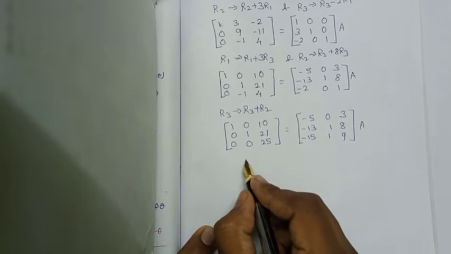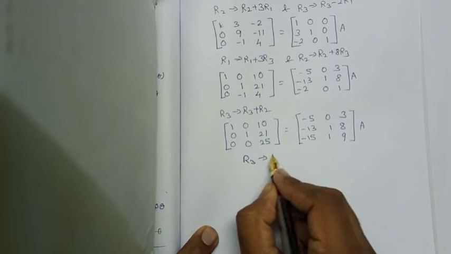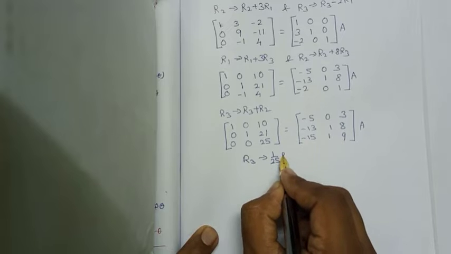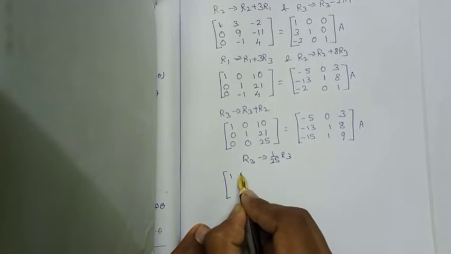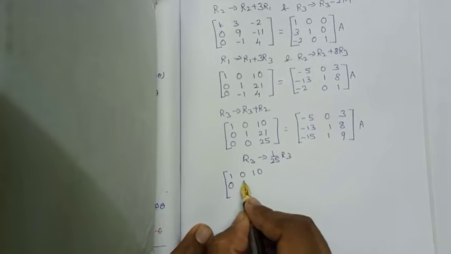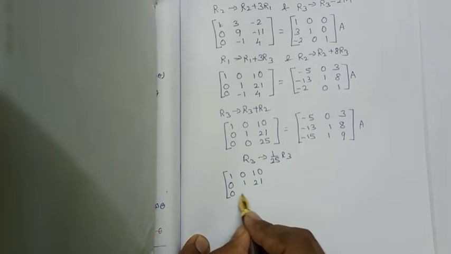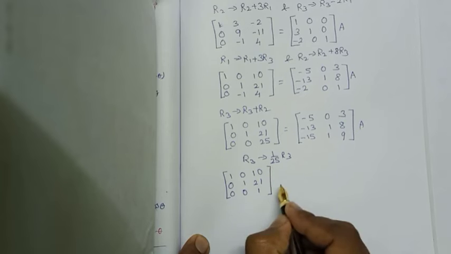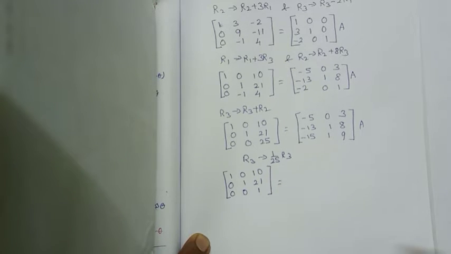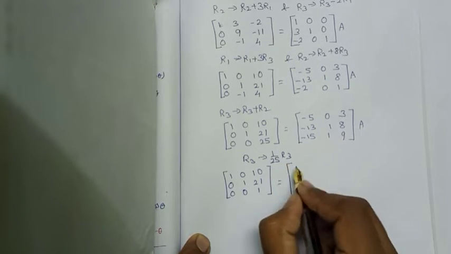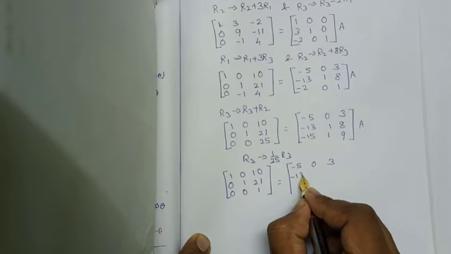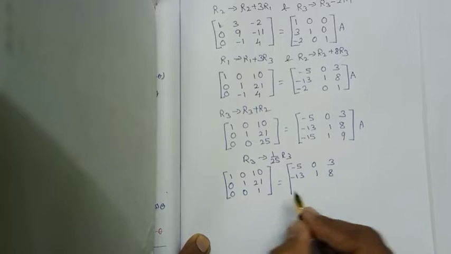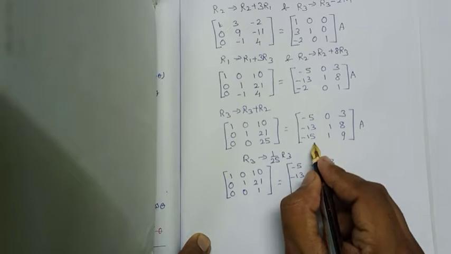Now applying R3 implies 1 by 25 into R3. So we proceed: 1, 0, 10, 0, 1, 21, 0, 0, 1, which is equal to minus 5, 0, 3, minus 13, 1, 8, and we multiply by 1 by 25.